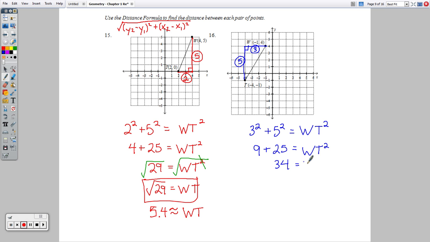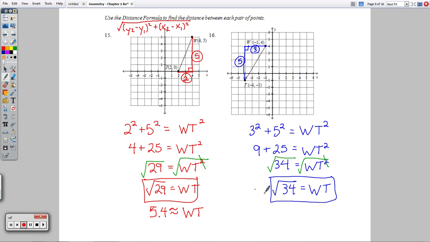That's 34 equals WT squared. And you take the square root of both sides, just like in the other one. Square roots and squares will cancel, and you're left with the square root of 34 equals WT. And if you get that as a decimal, that's approximately 5.8. So unless you're told to round, use the exact answer, but that is an approximation there.